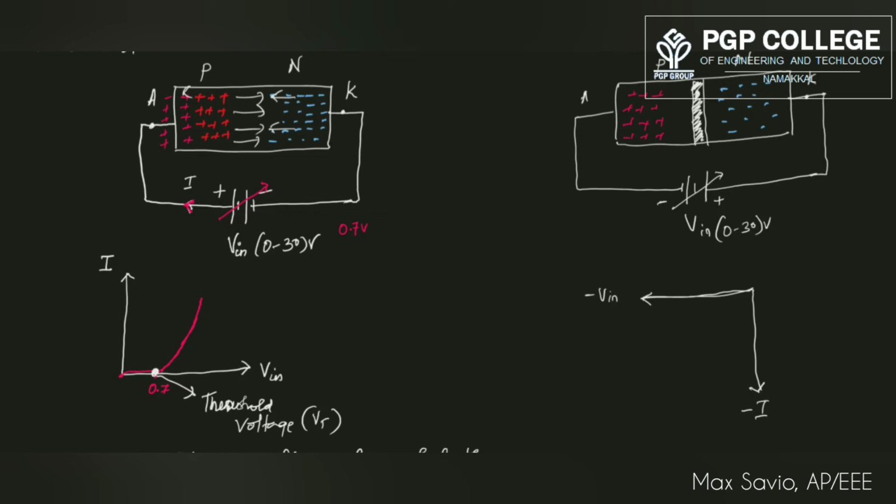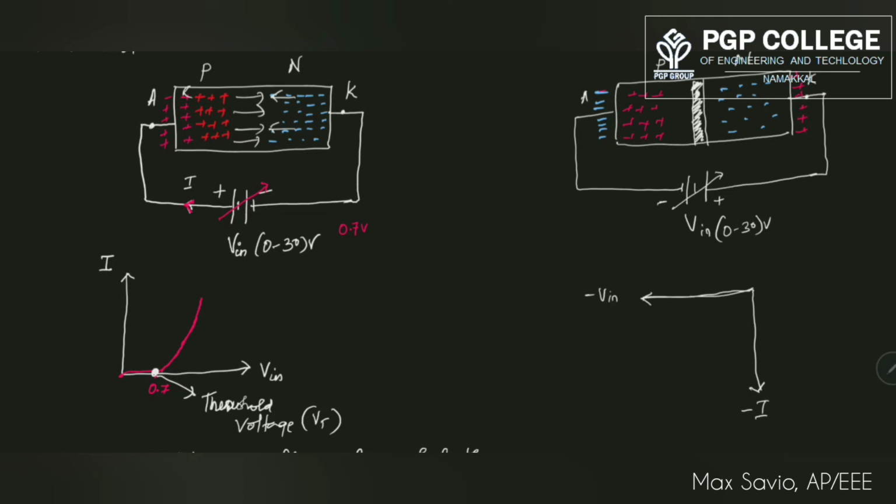As I increase it, the electrons, this negative part which is connected to the anode, make the p-type gain some electrons. So electrons get accumulated, and similarly here it gains positive charges.